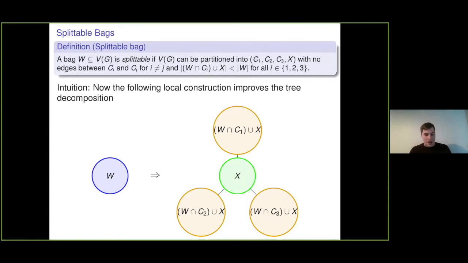The hard thing is to argue that this applies globally to the tree decomposition also.